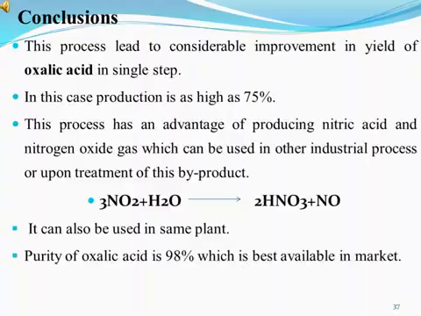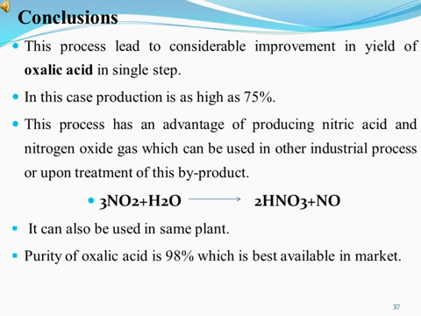Now finally, conclusions. This process leads to considerable improvement in the yield of oxalic acid in a single step. In this case, the production of oxalic acid is as high as 75%. This process has the advantage of producing nitric acid and nitrogen oxide gas, which can be used in other industrial processes or upon treatment of this byproduct.